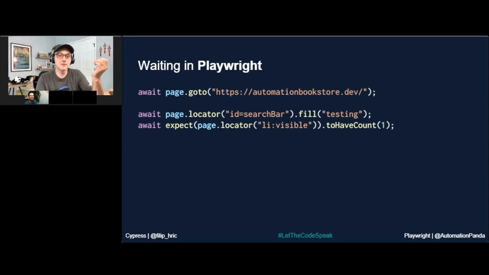But yeah, it's going to be go to the web page, get the locator for your search bar, again, the nice ID selector, type in whatever you want with the fill command, and then the web assertion: expect this to have a count of 1. What's really nice about this is that between the filling of the text and the assertion, this is a smart waiting, web-first assertion, right?